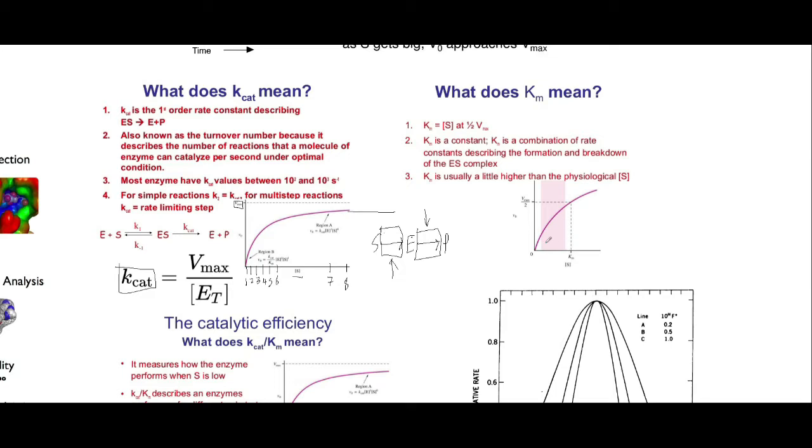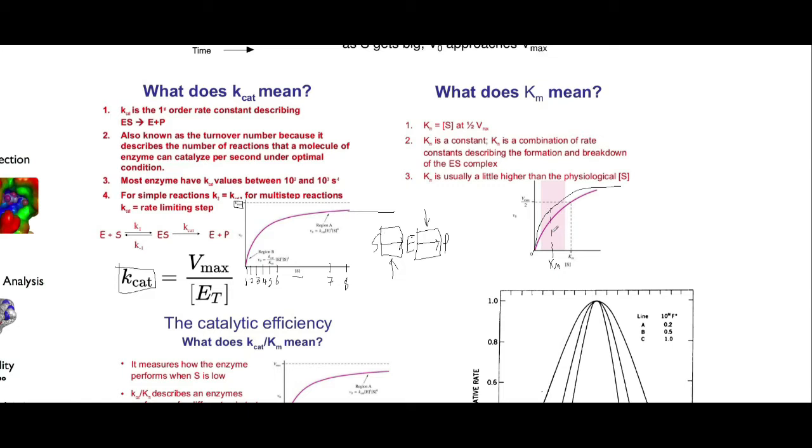We use the half V max. And what we find is that if our Km is smaller, say if Km was here instead, then that means it's binding tighter, because it had to get up to half earlier, at a lower concentration than it did for this one.